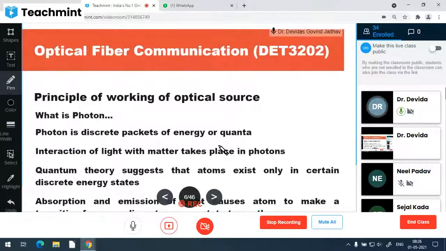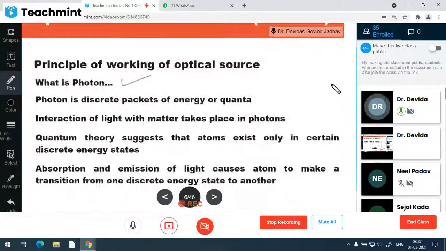The principle of working of optical source. Photon, we know photon is a discrete packet of energy or a quantum of energy, and photon can interact with the matter like semiconductor, which is making the source or detector, that is optical devices.